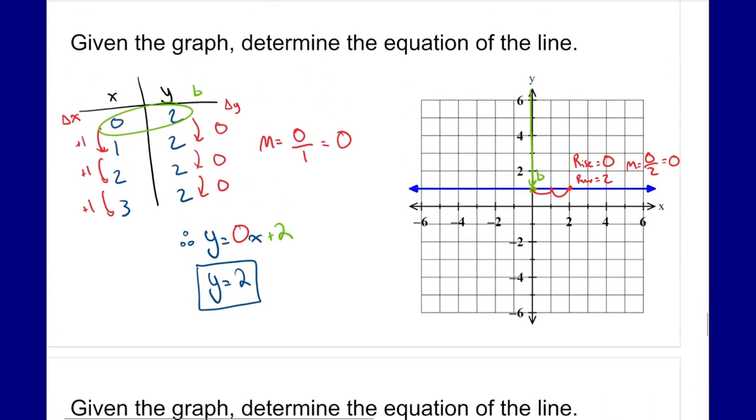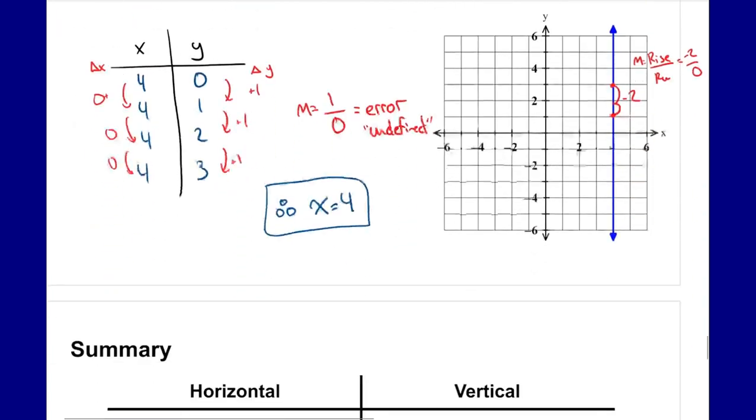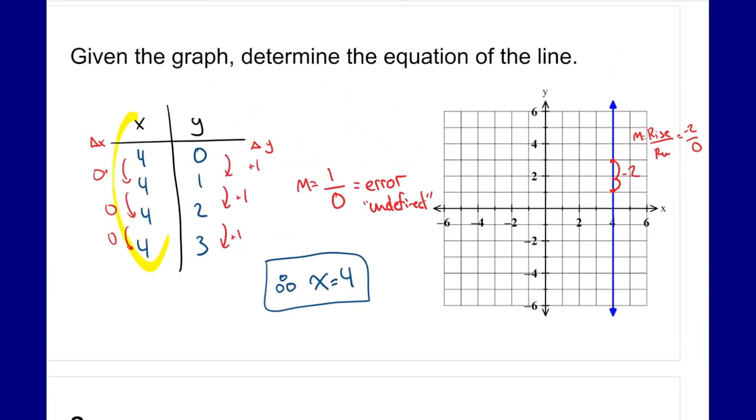Similar to here, all the y values were always 2. So it doesn't matter what your x value is, y is 2. Same thing here. Doesn't matter what your y value is, x is always going to be 4. So it is kind of a little bit backwards, right?